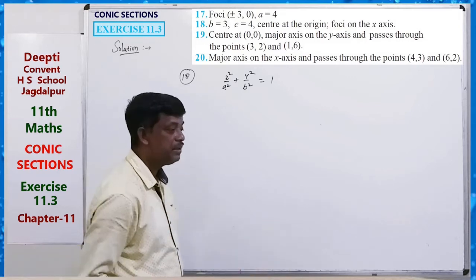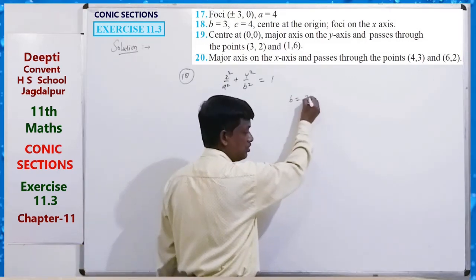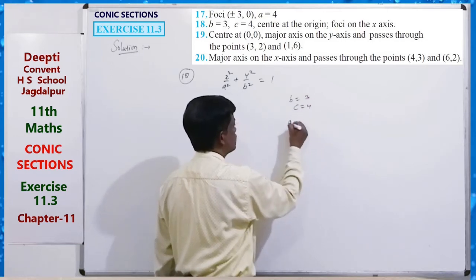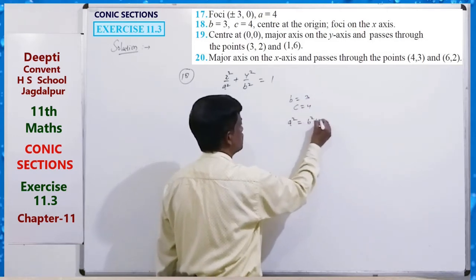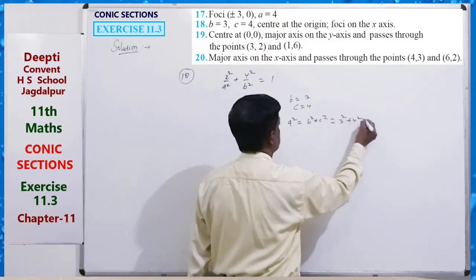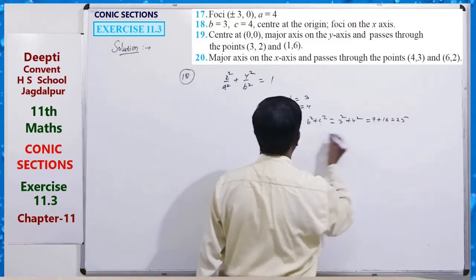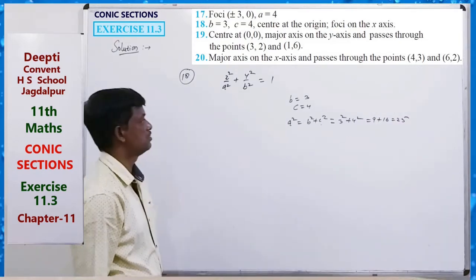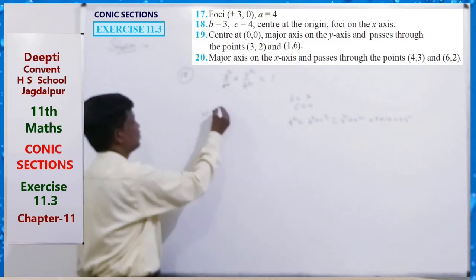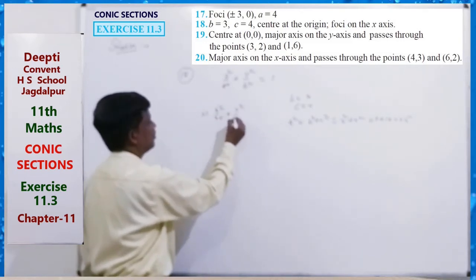And here b and c are given: b equals 3, c equals 4. So a square equals b square plus c square, which is 3 square plus 4 square, equals 9 plus 16 equals 25. So a square equals 25. Just put here x square upon 25 plus y square upon 3 square equals 1.